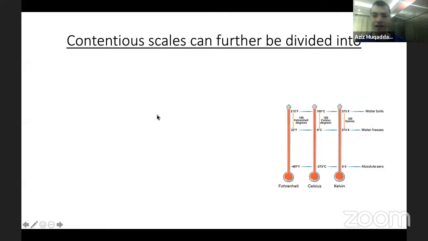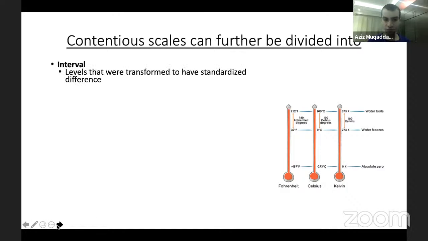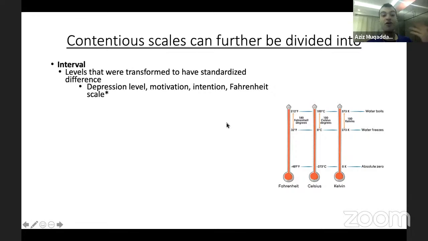Continuous scales, on the other hand, can be further divided into intervals. Intervals are concepts that were transformed to have standardized differences, right? So if you have a scale to measure depression level, motivation, or intention, or for that matter, the Fahrenheit scale, they have a number of options.